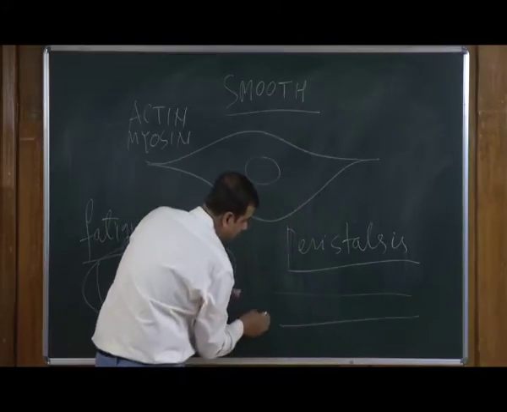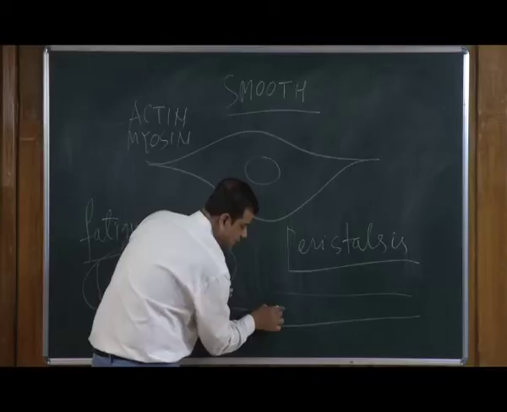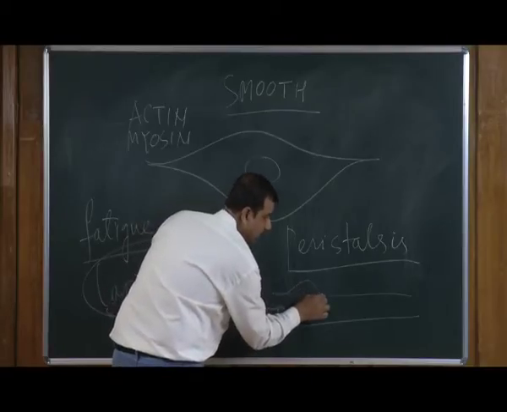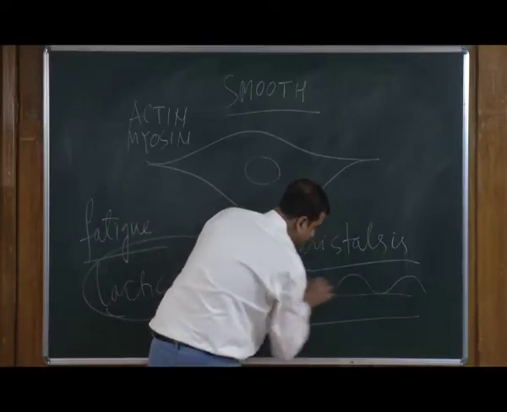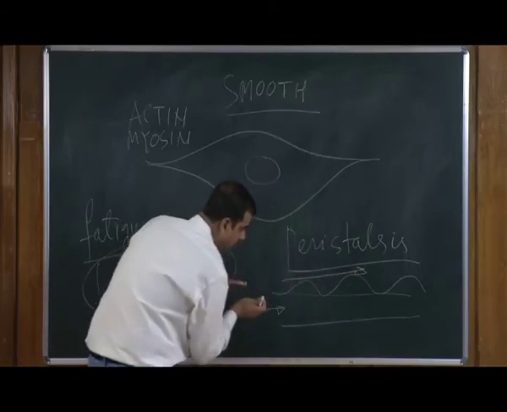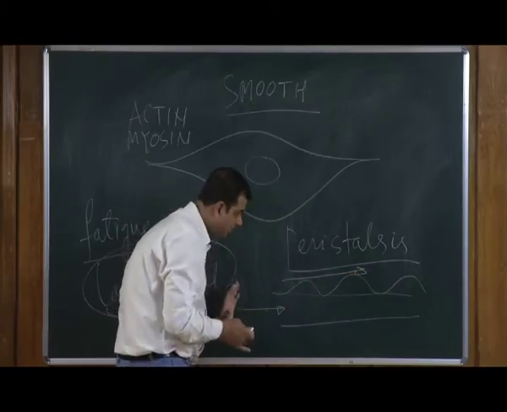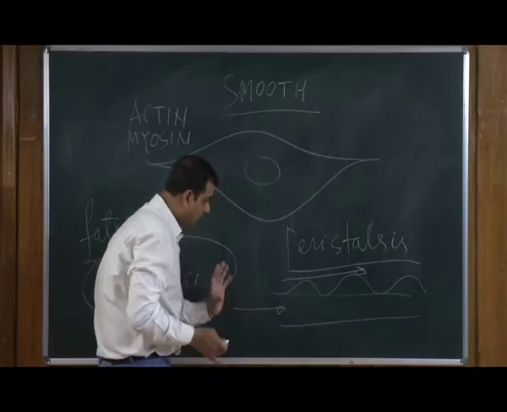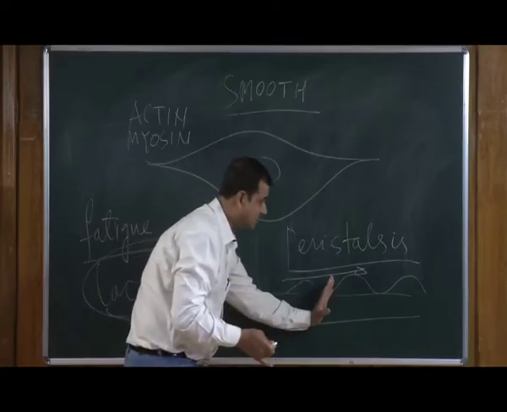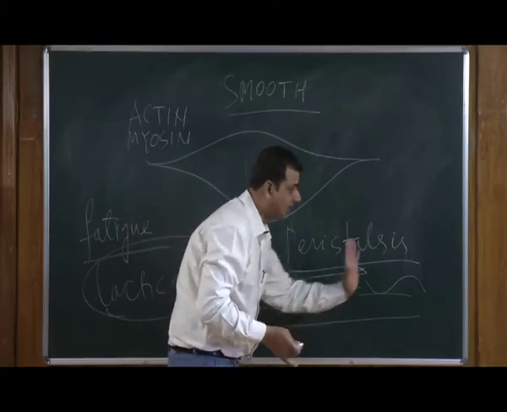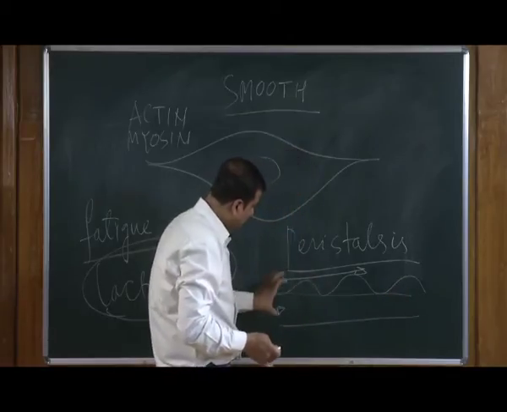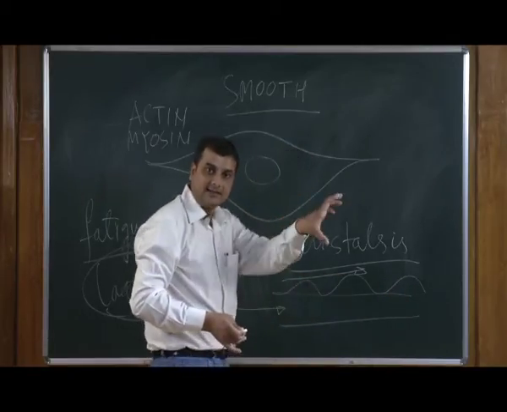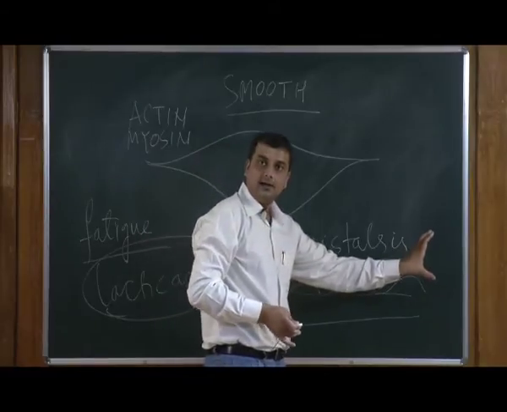If the food is coming from this direction, there is a pulsation, and this pulsation passes from this direction to this direction. Because of this, the food passes from one direction to the other, that means from mouth to esophagus, esophagus to stomach, stomach to small intestine and large intestine. This process is a kind of pulsation that moves the whole thing.